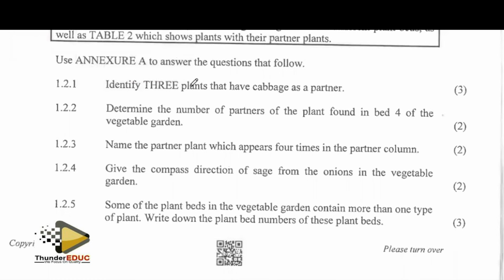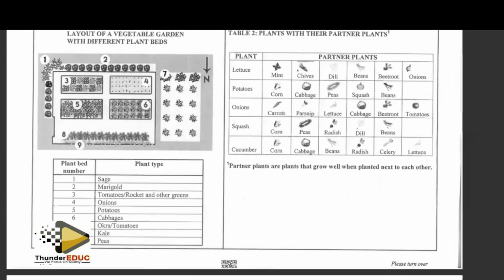And the question is, identify the plants that have cabbage as a partner. So we shall come here, look for cabbage. We have cabbage 1, cabbage 2, cabbage 3.